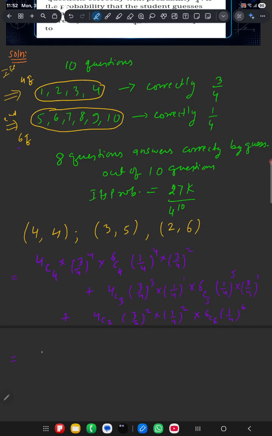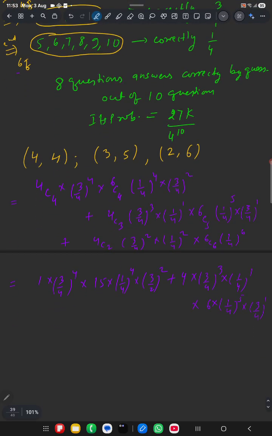Now we will simplify. 4C4 is 1 into 3 by 4 power 4, into 6C4 is 15, into 1 upon 4 power 4, into 3 by 4 power 2, plus 4C3 is 4 into 3 by 4 power 3 into 1 by 4 power 1, into 6C5, which is 6, into 1 by 4 power 5 into 3 by 4 power 1.